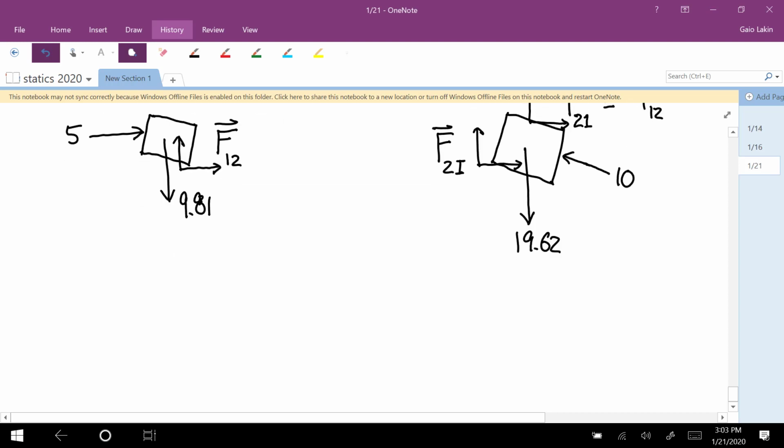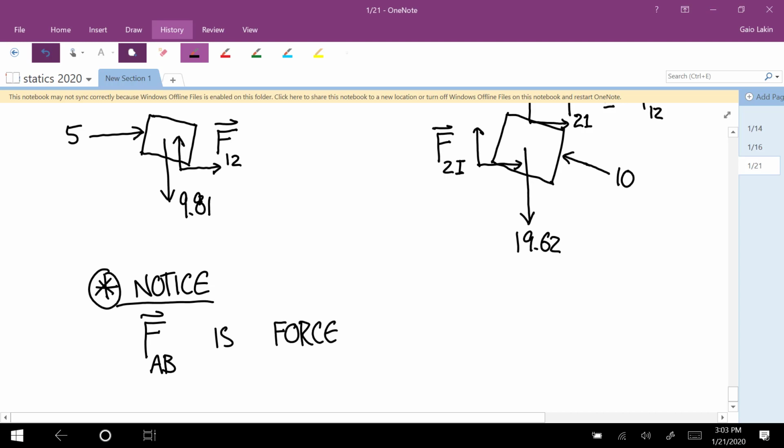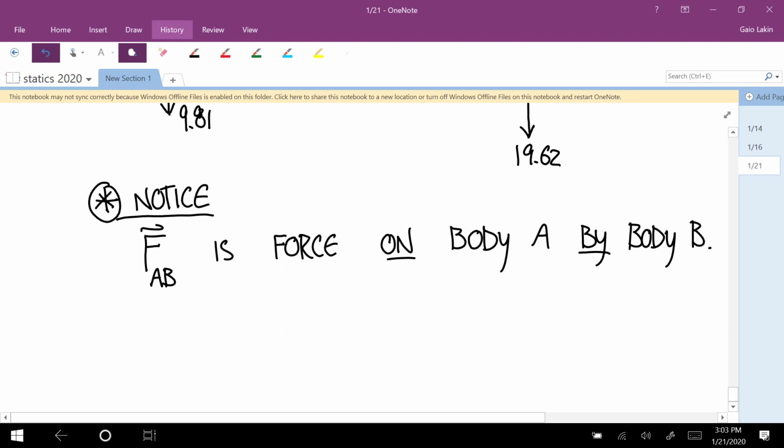Okay, so let me write down that notation. Notice this subscript notation, FAB, is the force on body A by body B. And when we get to couples, it's going to be the same thing.